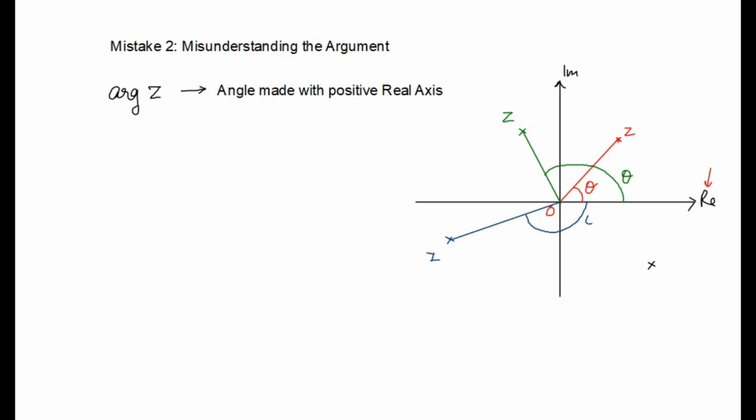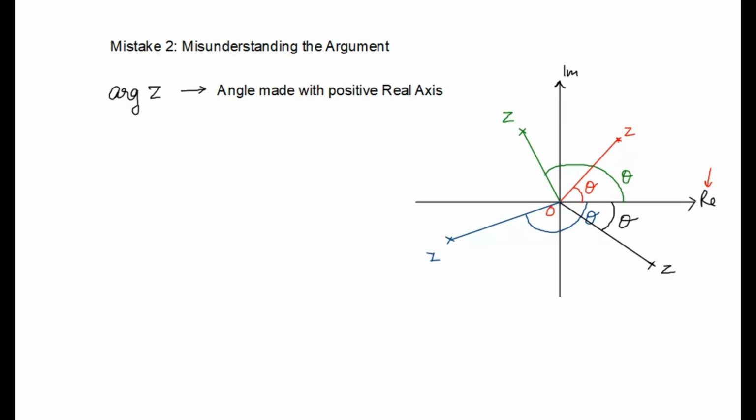This is the argument of z. And finally, in the last quadrant, I'm joining this complex number z to the origin, and the angle that it makes, I'm drawing here.